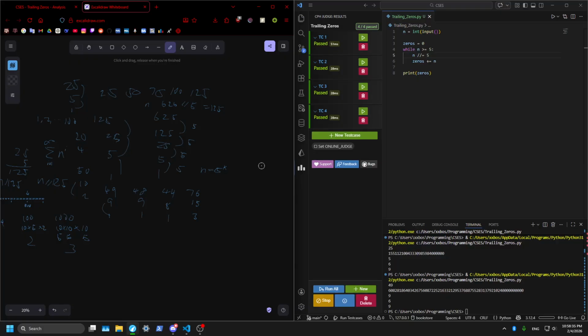Okay, it works because the next pass is technically doing n divided by 25, which is 2. So for a broader case like 76, we check how many numbers are divisible by 5, which is 15.